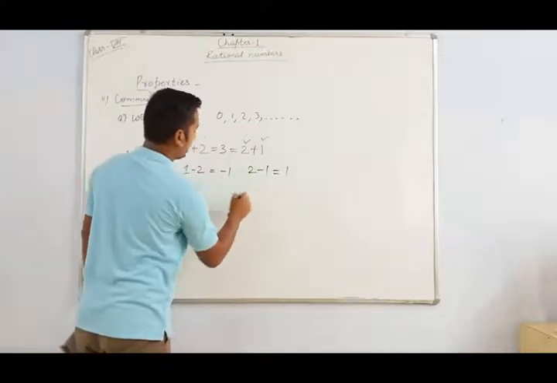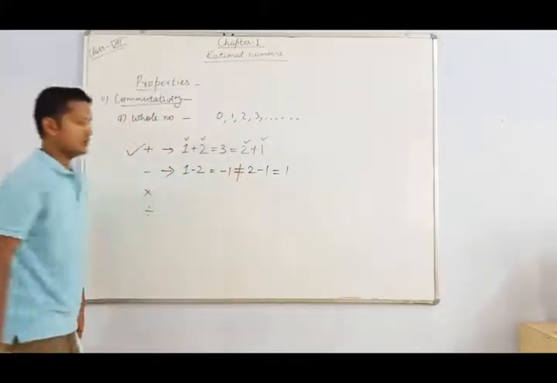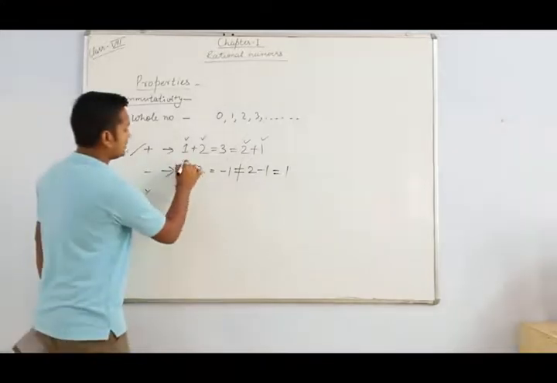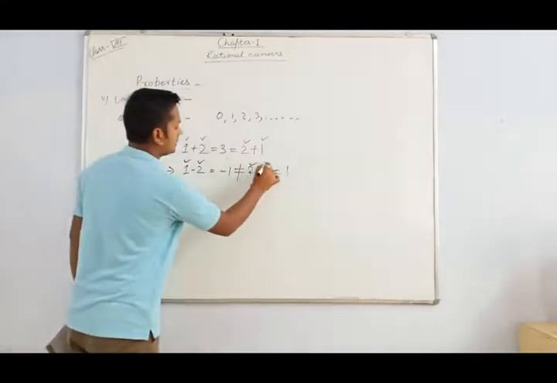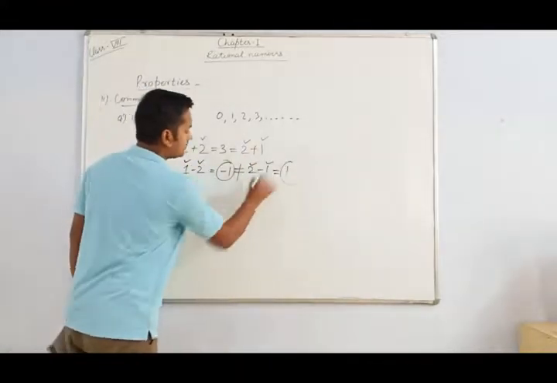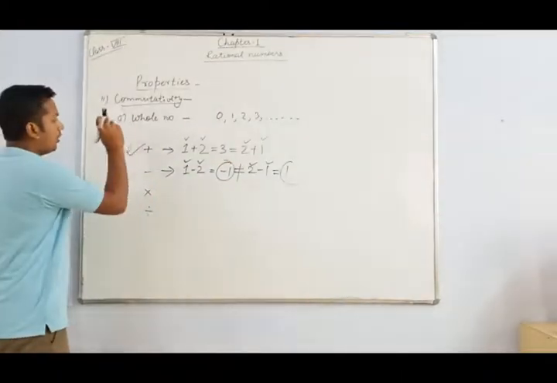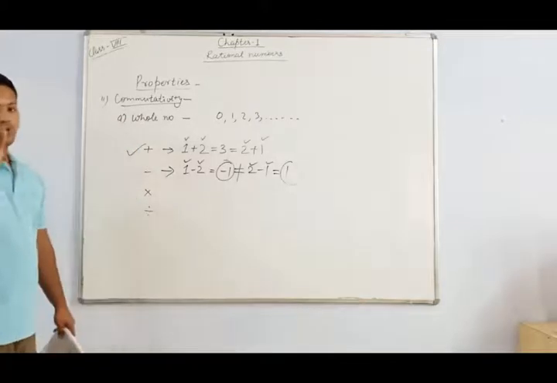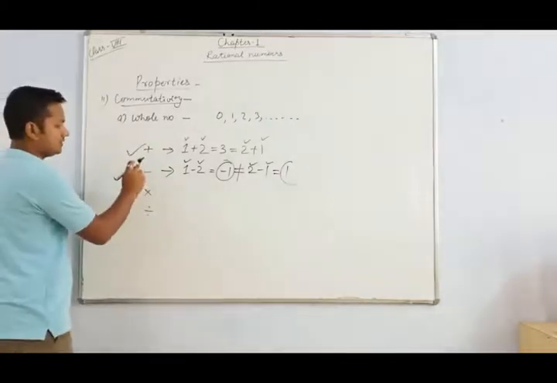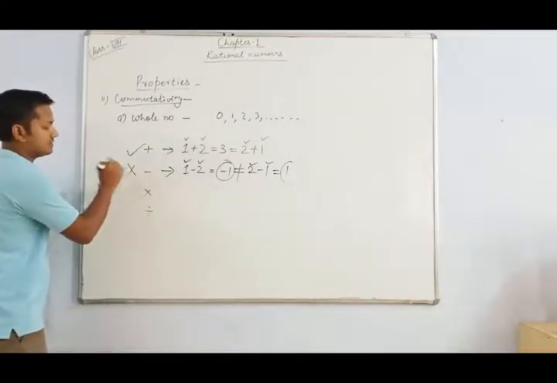It will give me 1. So these two are not equal. If I interchange the numbers, the result is not the same. That's why we can say that whole numbers do not hold commutativity under the operation of subtraction.